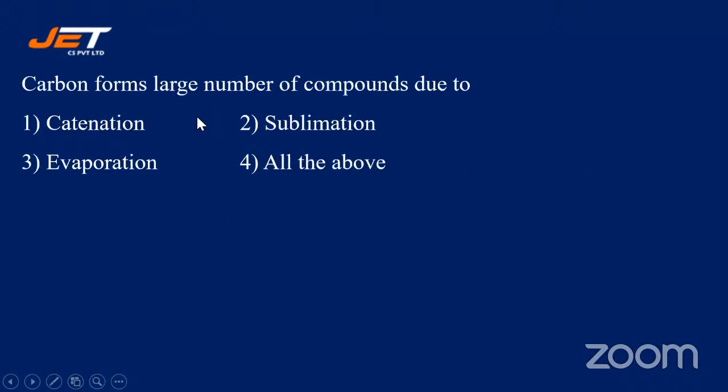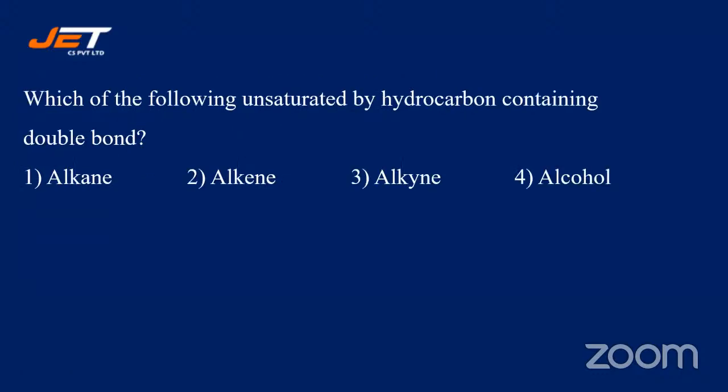Let us move to the next one. Carbon forms a large number of compounds due to catenation, sublimation, evaporation, all the above. Yes, it is due to catenation. Let us move to the next one.